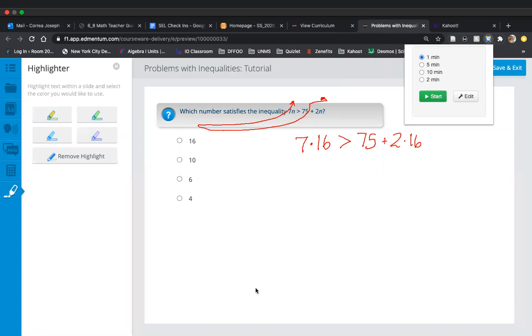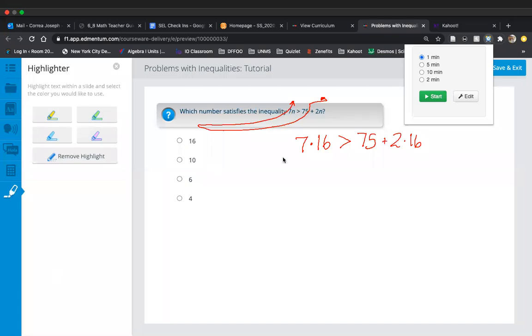Anthony, you also got it right. A couple of people got it right here. Bella, I'll try to help you out with that after we finish this.